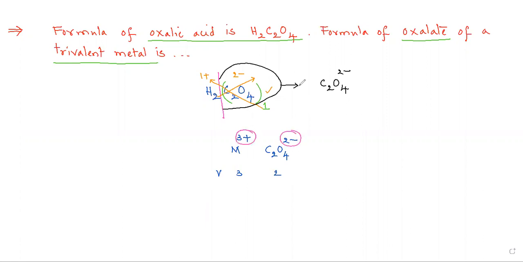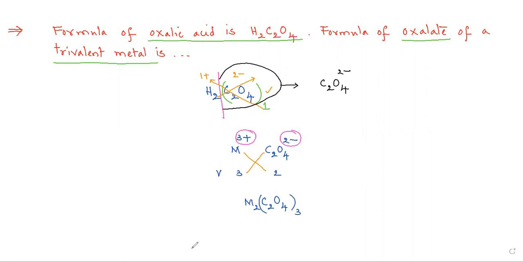Okay. Now the formula of the oxalate of the trivalent metal can be given as M2(C2O4) taken twice. Is that okay?